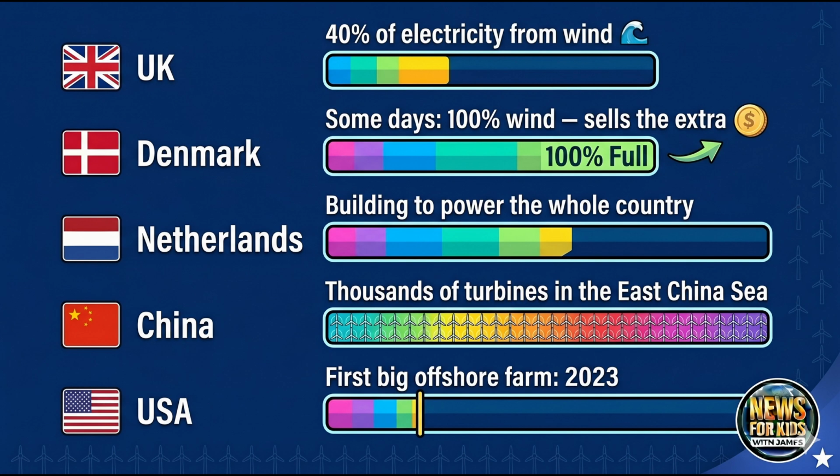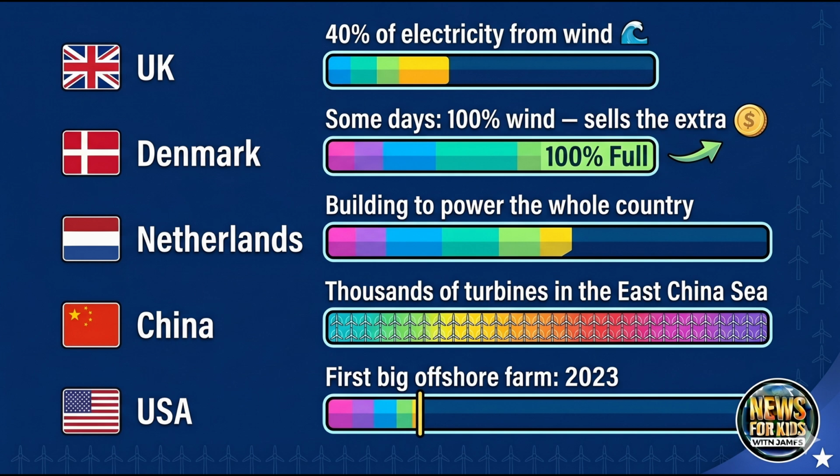The results across different countries are striking. The United Kingdom now generates more than 40% of all its electricity from wind, mostly from offshore farms in the North Sea. Denmark regularly produces more electricity from wind in a single day than the whole country actually needs, and sells the surplus to Germany and Norway through undersea cables.